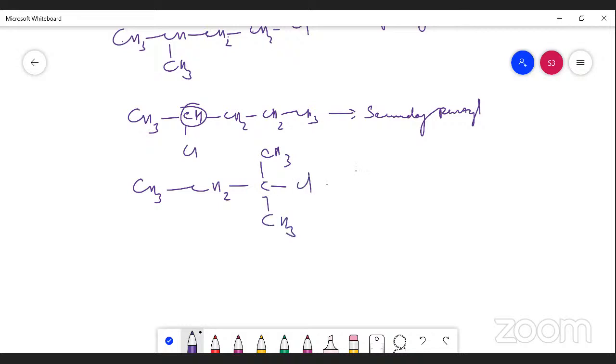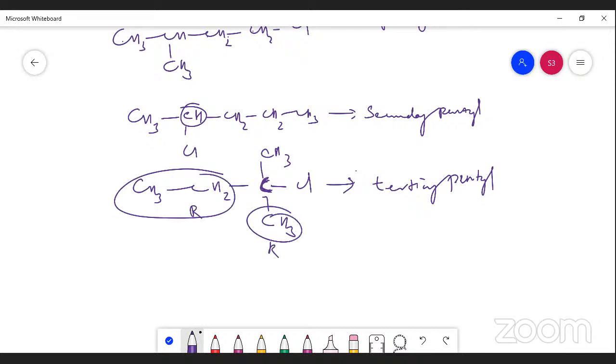This is tertiary pentyl. Why is it tertiary pentyl? Because this carbon is a tertiary carbon. You see, this is one alkyl, this is one alkyl, this is one alkyl, so 3 alkyl groups on 1 carbon. It is a tertiary group. It is tertiary pentyl. Next, you can go for neopentyl.